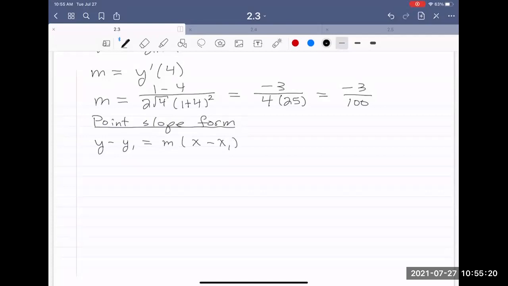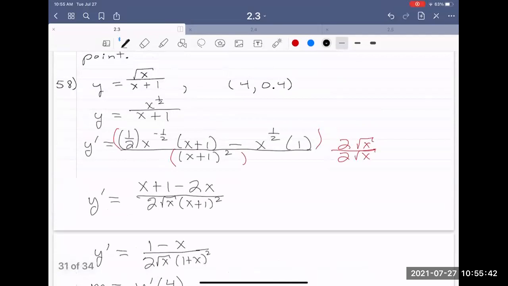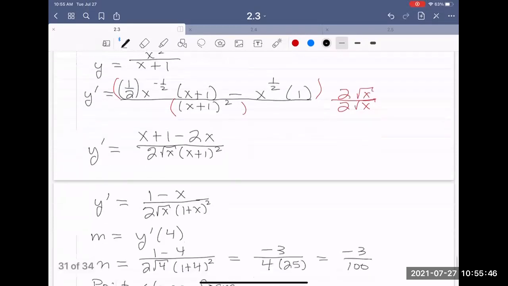So let's find the equation of the tangent line. y minus y1, which is 0.4, which is 4 over 10.